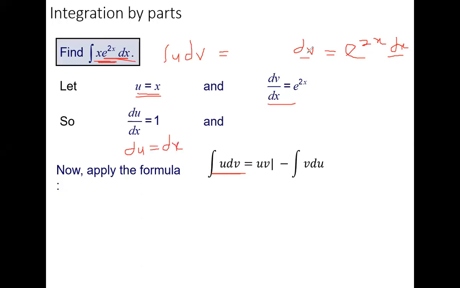Then if dv is e raised to the power 2x, then when we integrate both sides, integrating dv will give you v, and integrating e raised to the power 2x will give you e raised to the power 2x over 2. Okay, and once again at this stage, don't bring the constant of integration. Okay, good.